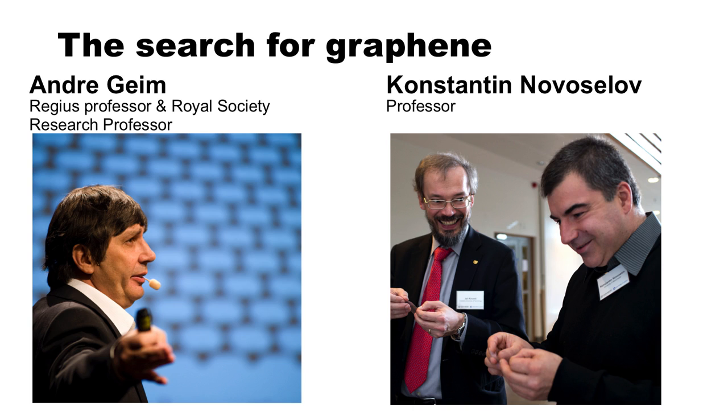Then, one Friday evening in 2004, these scientists decided to use Scotch tape to produce a few layers of graphene. When they had the material, they immediately fabricated some devices and, for the first time, observed the electric field effect in it.